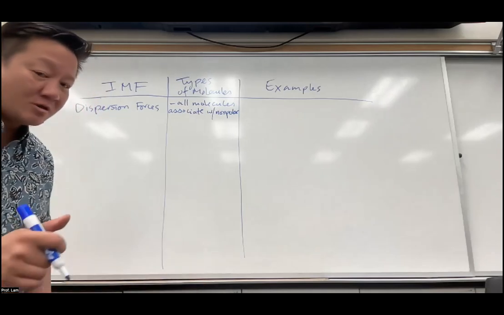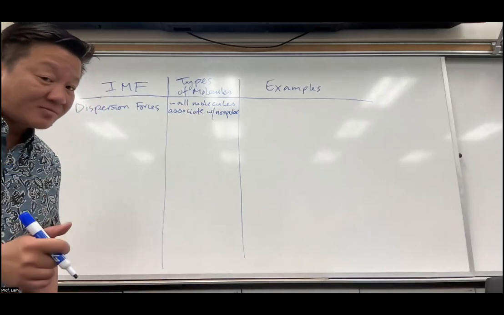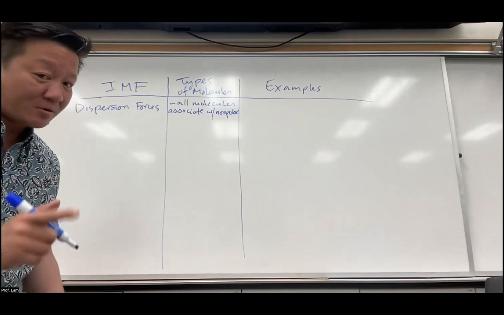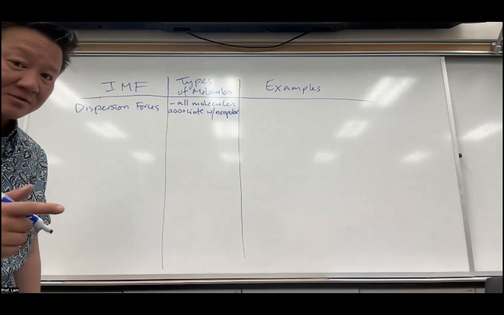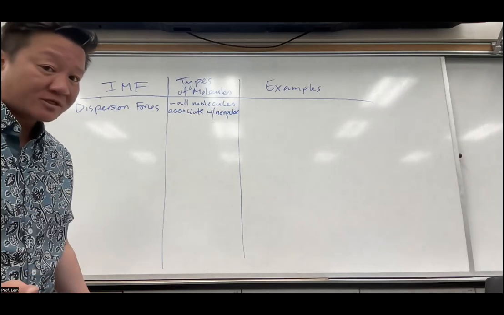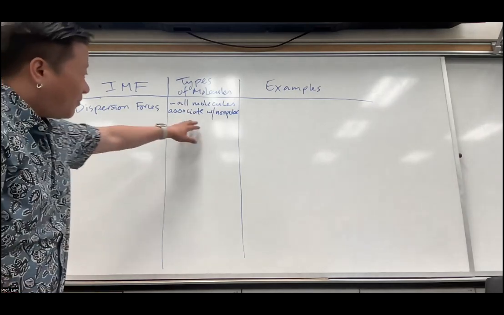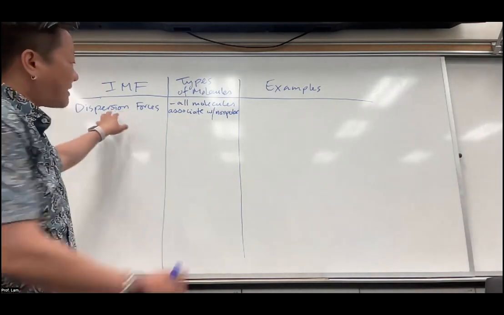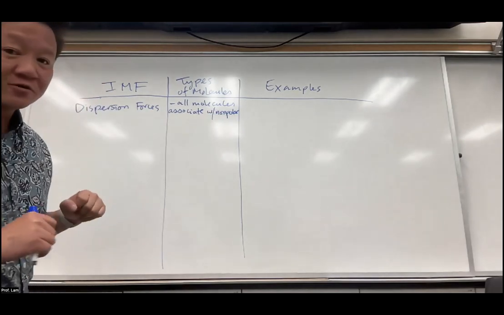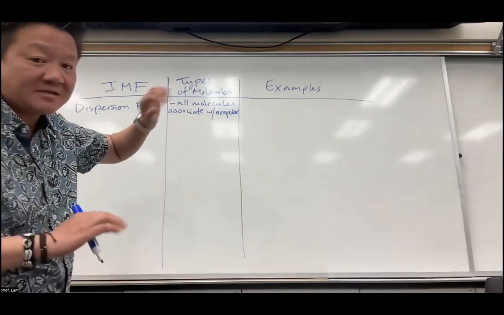Polar molecules not only have dispersion forces, but also dipole, which is the next thing we're going to go into. So it has multiple, and the dipole is stronger. But nonpolar only has dispersion. That's why I connect nonpolar with dispersion forces, even though technically it is in all molecules.